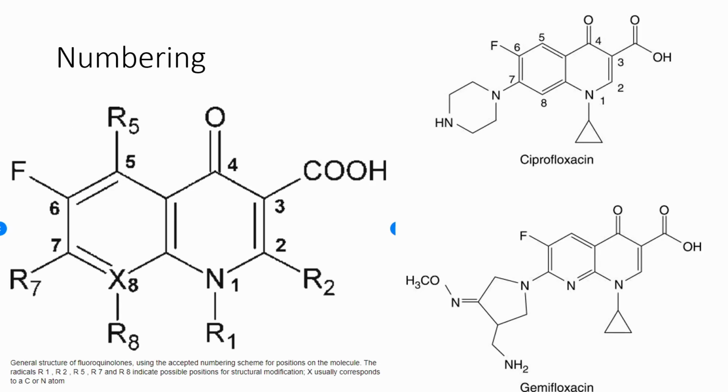You can see from our previous slide, you have an aromatic ring attached to your pyridone. So you can hardly see any quinolone which has a monocyclic structure. It's always bicyclic in nature.